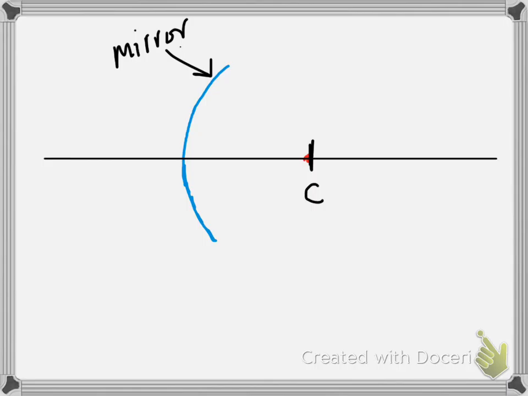No. The center of the arc is behind the mirror. The center of curvature for a convex mirror is negative. So with a convex mirror, C is negative. What does that mean about F?